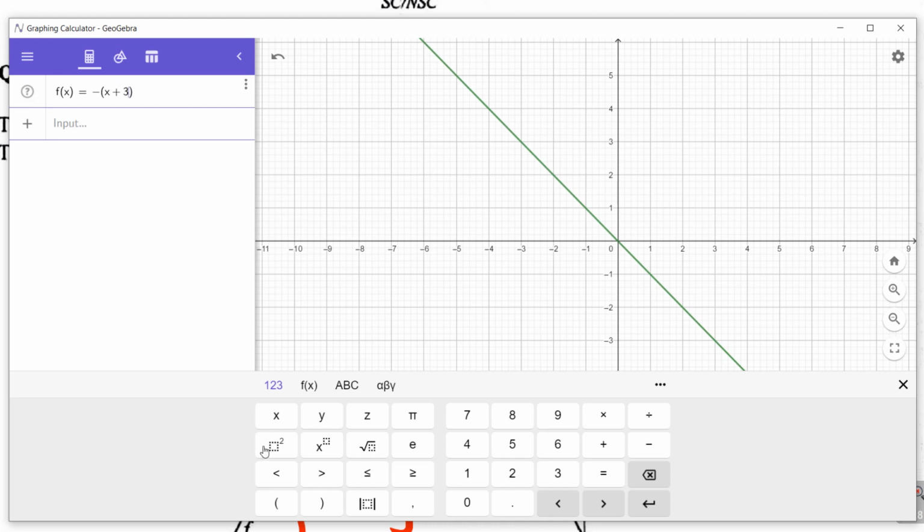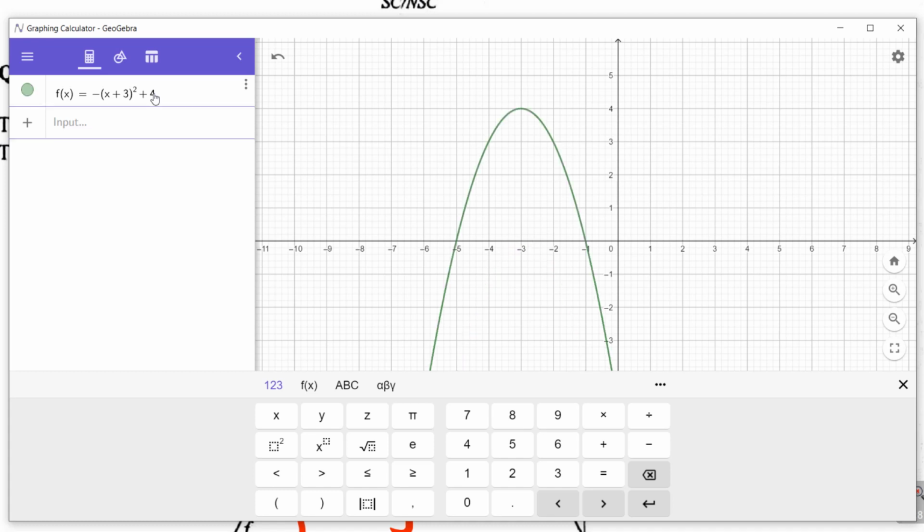I must look for squared, that one, not that one. Let me delete that one. It was actually x squared like this, right? And then it was plus 4. So if I do this and enter, now this is the graph.